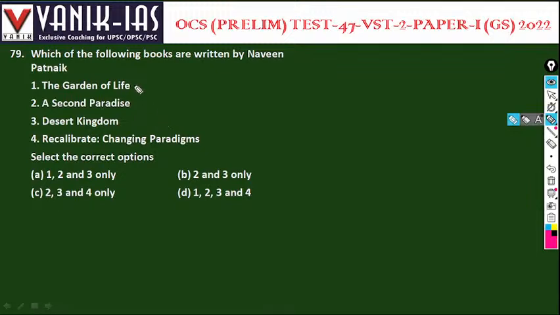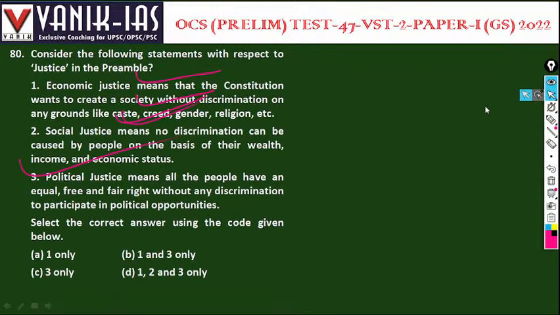The Garden of Life is written by him. A Second Paradise is also written by him. And The Desert Kingdom is also written by Naveen Patnaik. These three books are written by Naveen Patnaik, Chief Minister of Odisha, right?